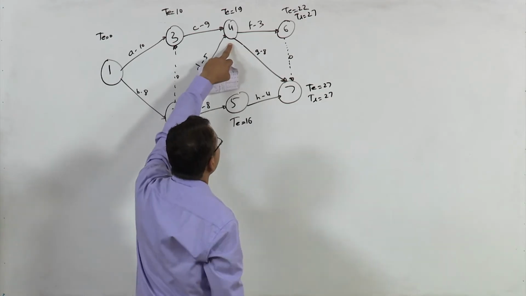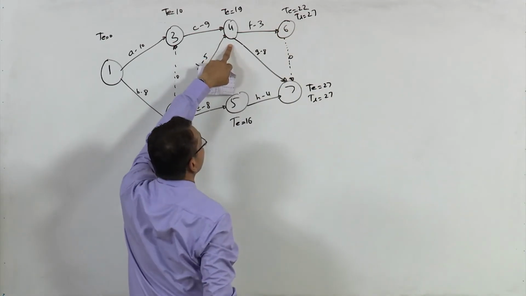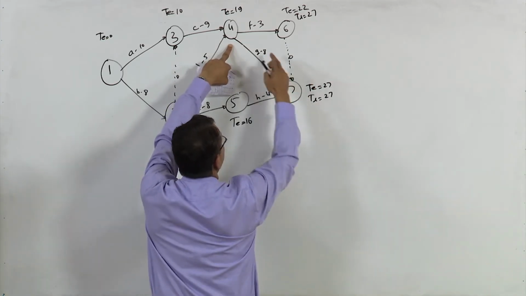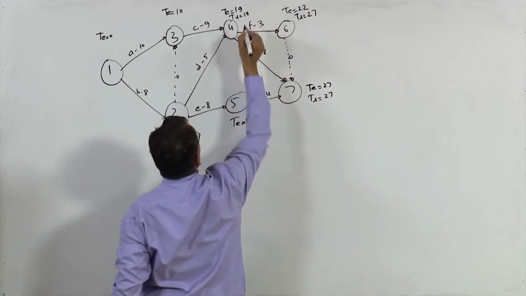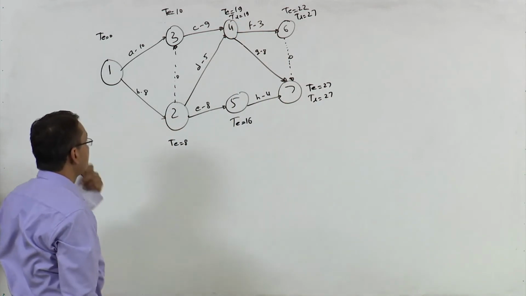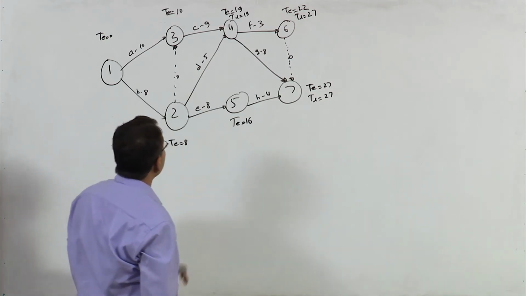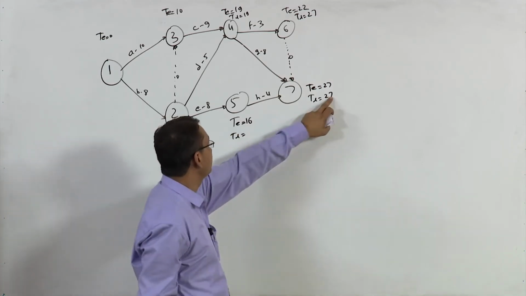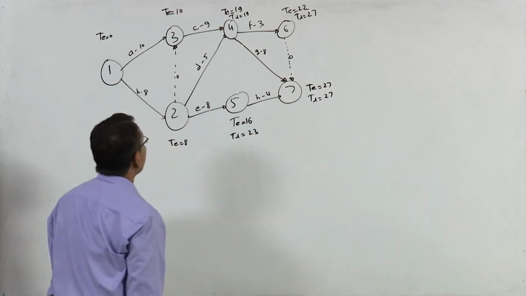TL at this node would be 27 minus 3 is 24 and 27 minus 8 is 19. So TL would be 19 at this point, right. Now TL at this node would be simple, it's 27 minus 4 which is 23, right.